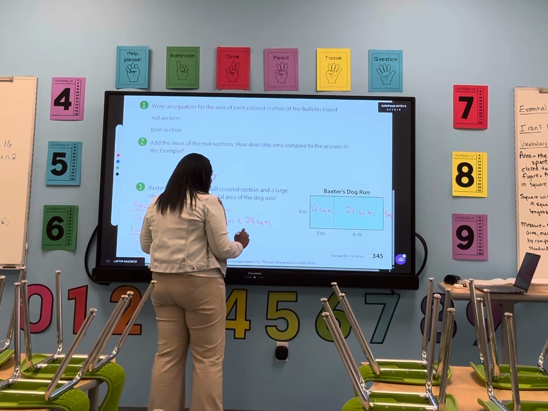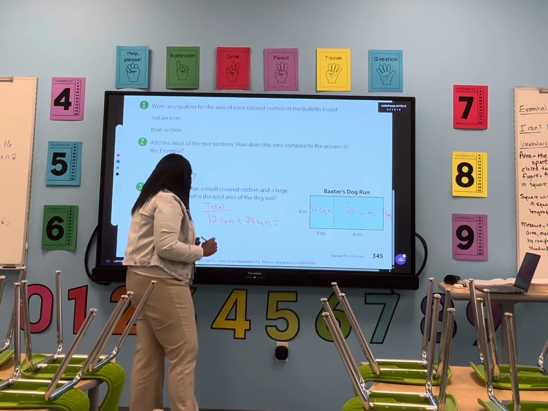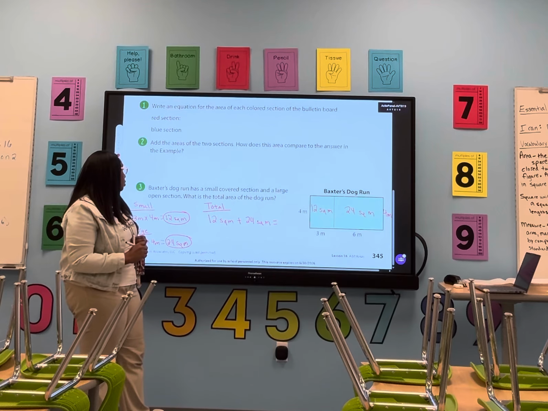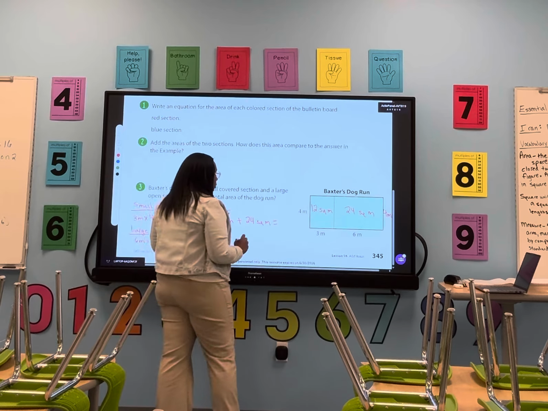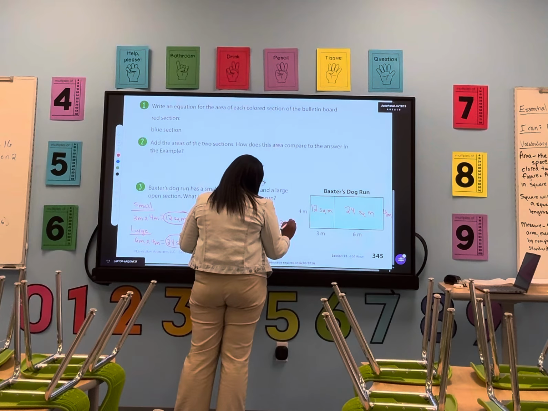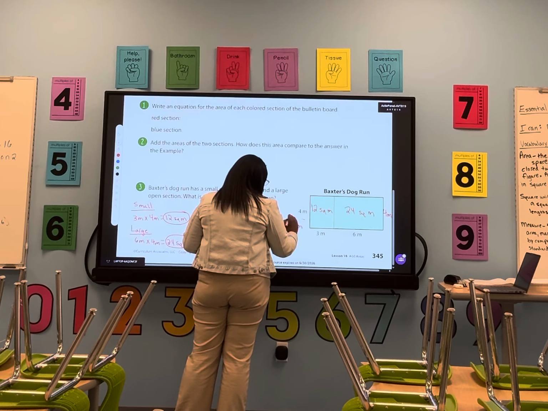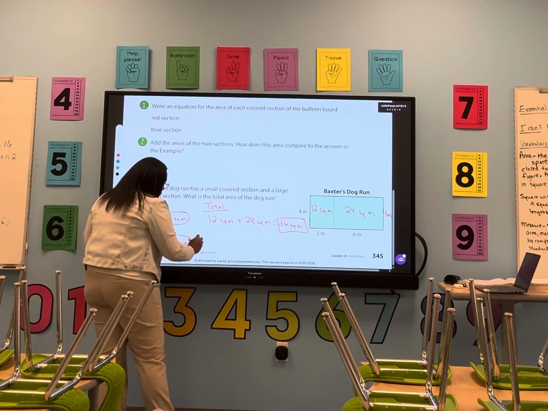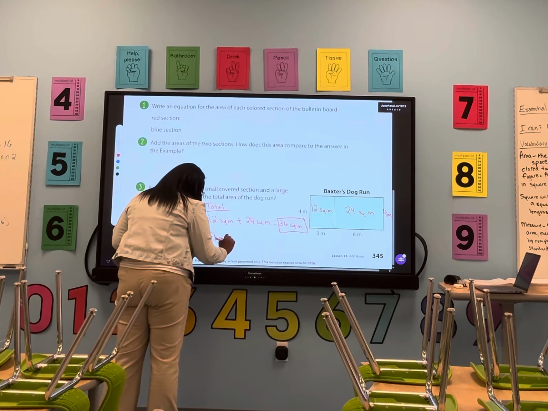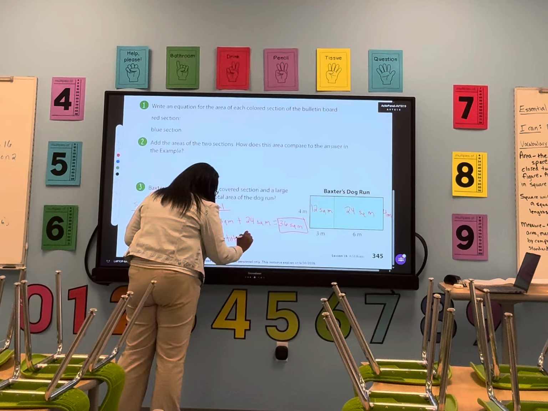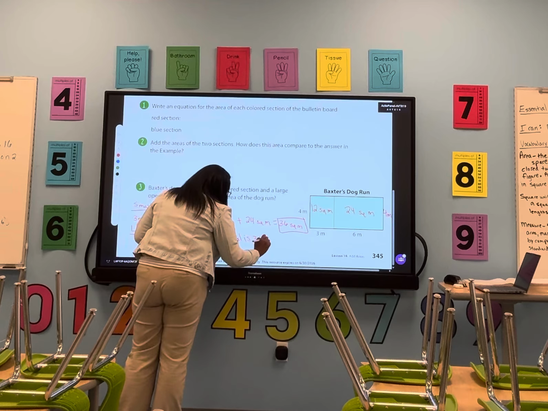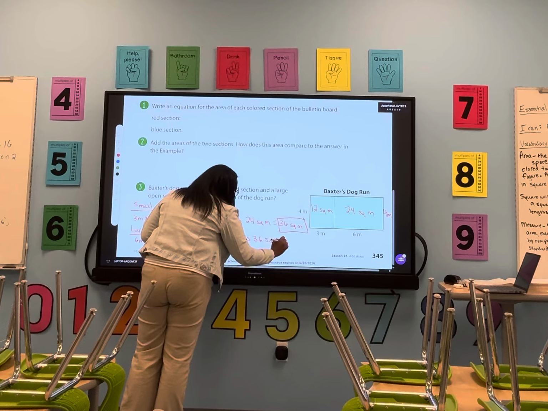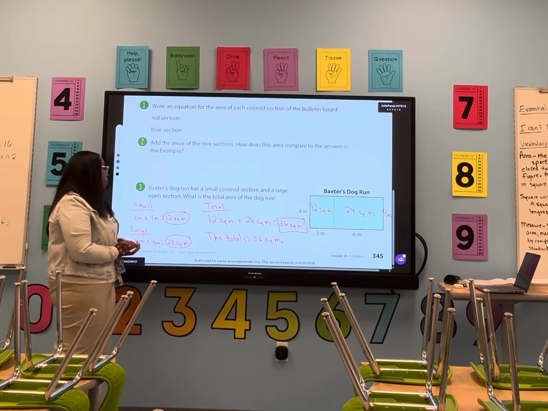Okay, so once I add that together, 12 plus 24 is going to give me an answer of 36 square meters. So the question says, what is the total of the dog run? The total is 36 square meters. And that would be it.